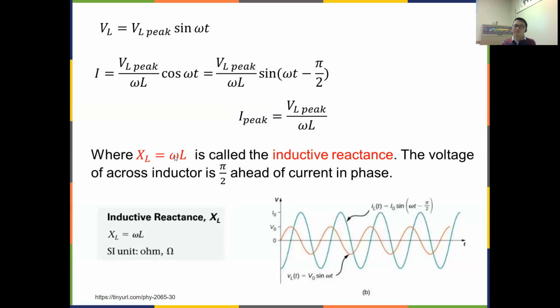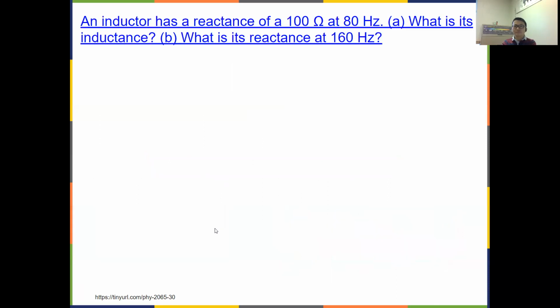If you are just given frequency, remember to multiply F by 2 pi to become omega. So inductive reactance is equal to omega times L, and that has the same units as resistance, ohms. XL is equal to omega L, and omega is equal to 2 pi F. You can see as the frequency increases, the inductive reactance also increases, proportional to frequency.